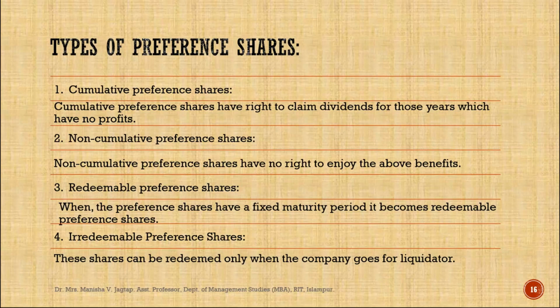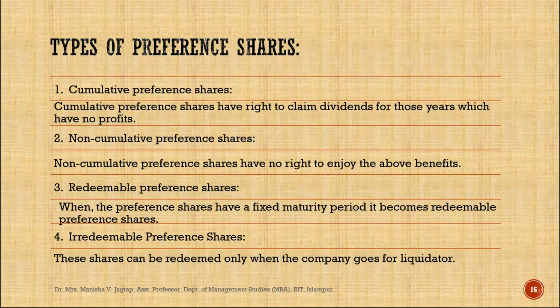Next is redeemable preference shares. When the preference shares have a fixed maturity period, they become redeemable preference shares. They can be redeemed during the lifetime of the company. The Companies Act has provided certain restrictions on the return of these types of preference shares.